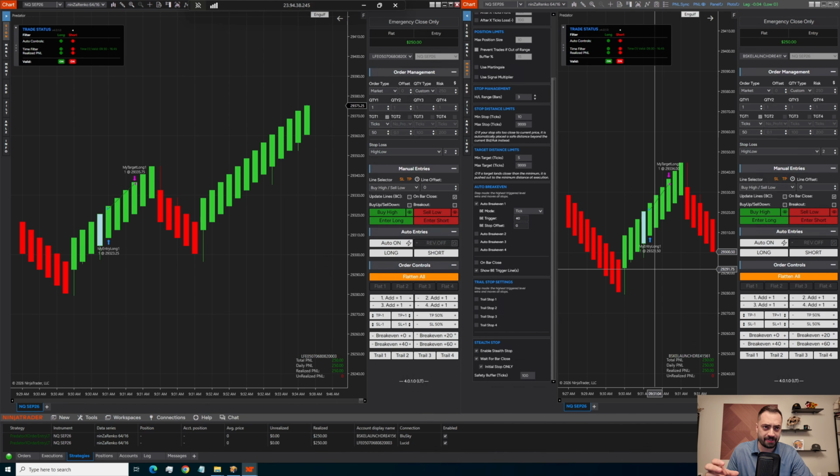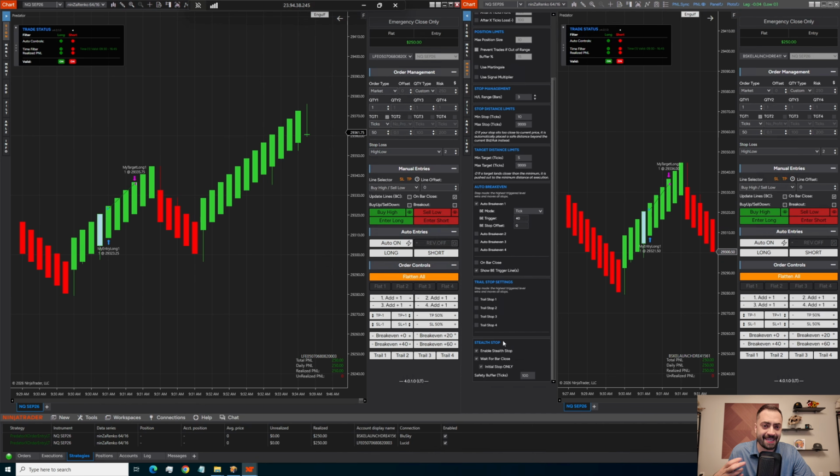That's just going to help protect against extra wicks if the price was to reverse and just wick you out. For example, if this candle was to come down here and touch below your stop loss, but then comes back up and closes up, something like that's not going to take you out. But with a regular stop, the moment it touches your stop, you will be taken out.